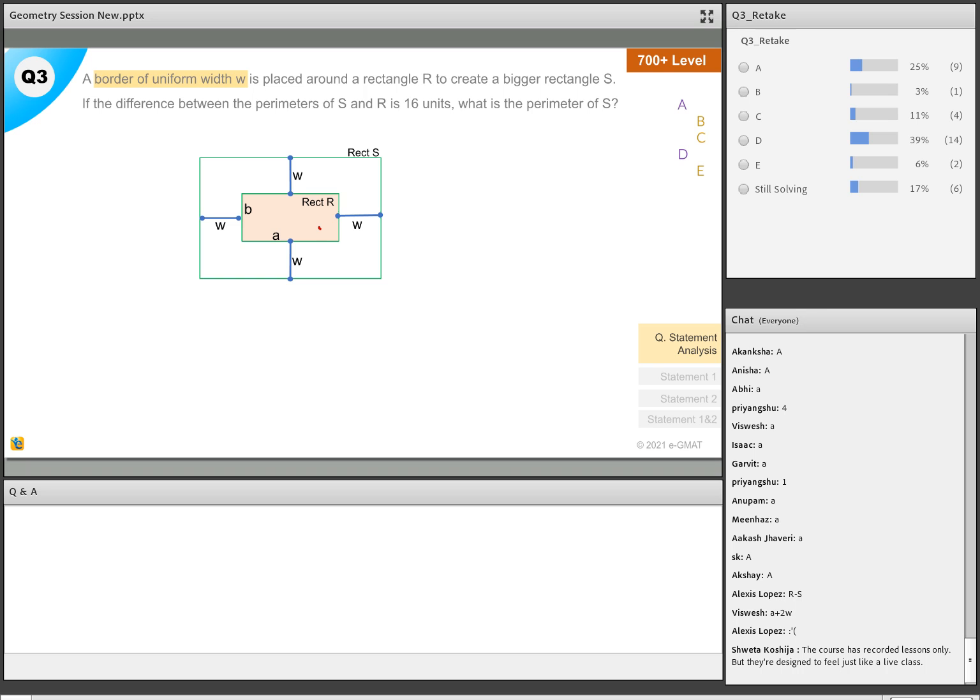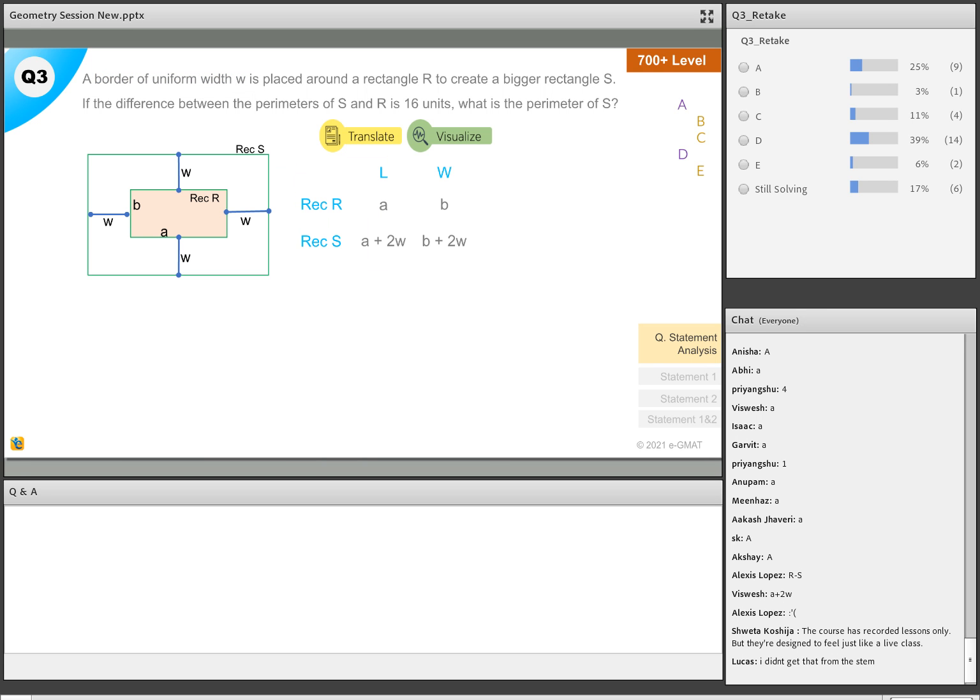That's rectangle R. Right now, let's write that down to make sure that we do not forget this. The length of rectangle R is equal to A units. The width, let's say, is equal to B units. Since I have a uniform width of W, that's the border, the length of rectangle S would become A plus 2W. The width would become B plus 2W. I hope this is clear to all of you.